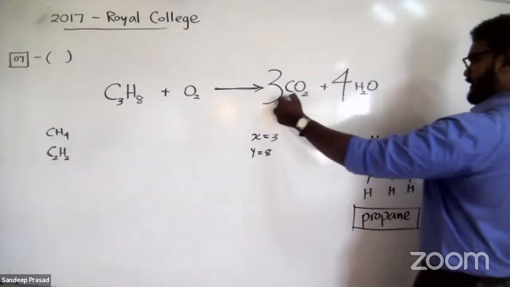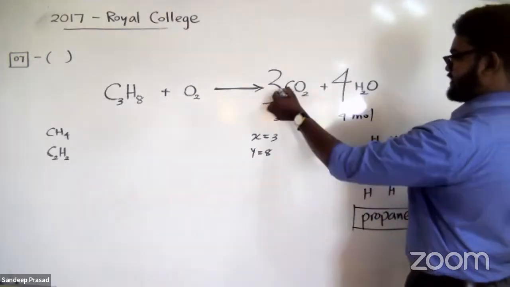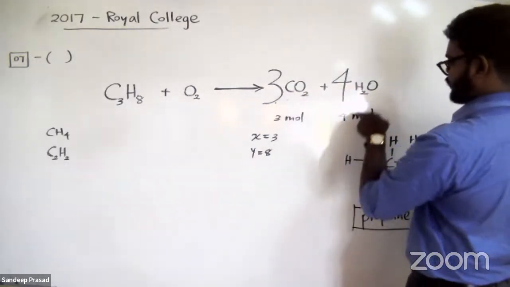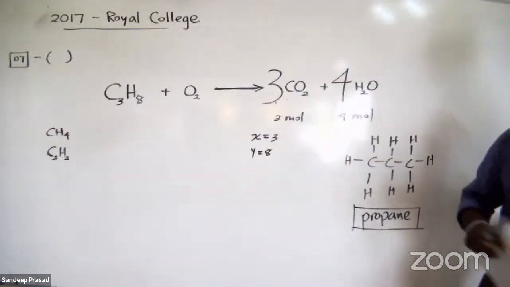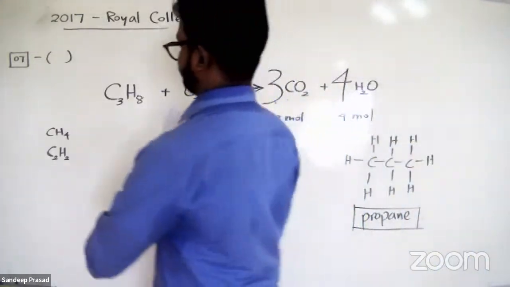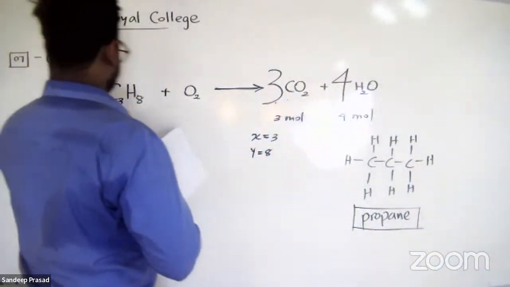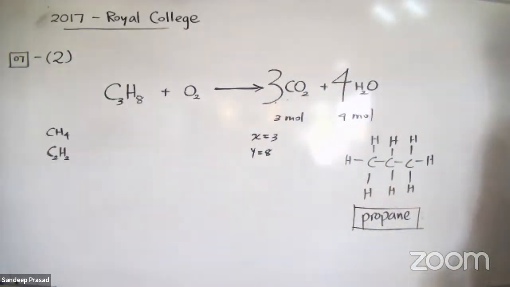See, very easy. 3 carbon dioxide moles, 4 water molecules. Carbons are 3, hydrogens 4 into 2 is 8. So therefore C3H8. So the molecular formula is C3H8. Question number 7, answer is C3H8. The seventh one is very easy.